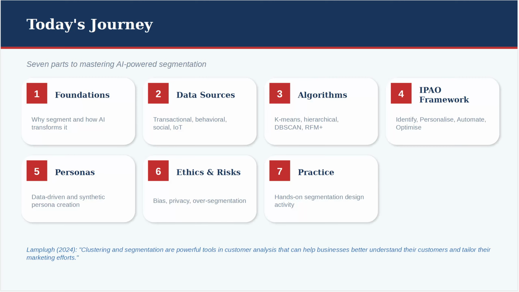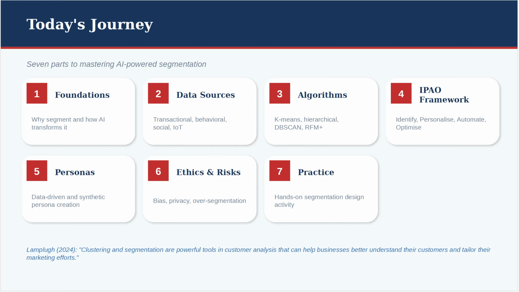Okay. Now, 7 parts to mastering AI powered segmentation. One is you have to know your foundations. So we'll spend some time on foundations, and then why segment, what kind of AI lets you do that.